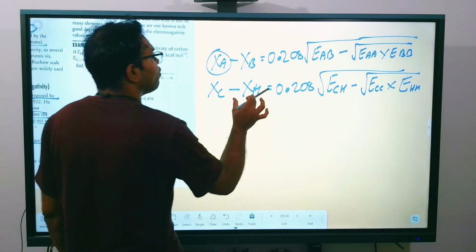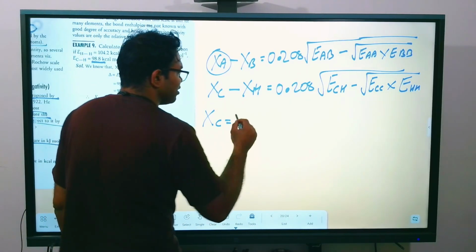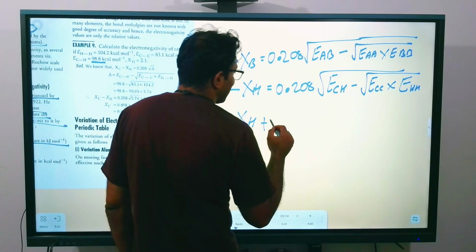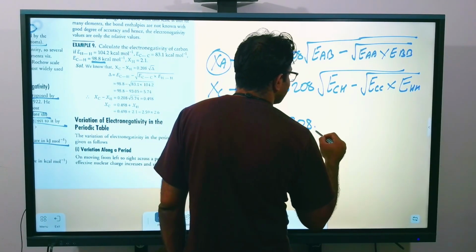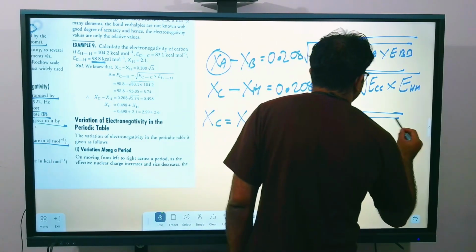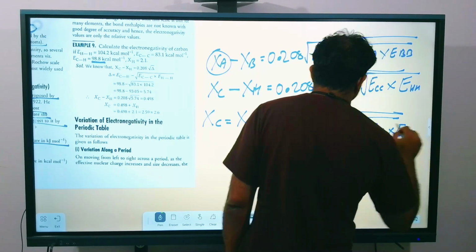We know the value of XH, right? So XC is equal to XH plus 0.208 root under ECH minus root under ECC multiplied by EHH.